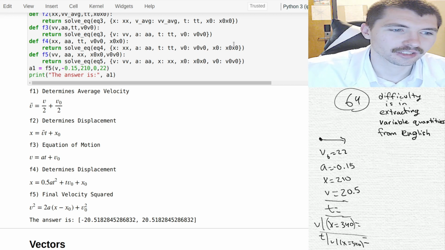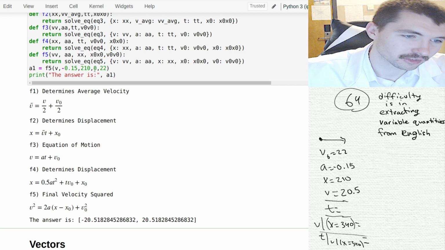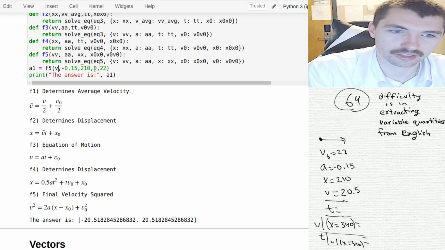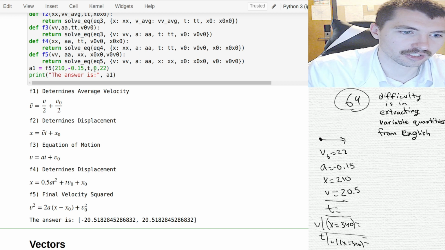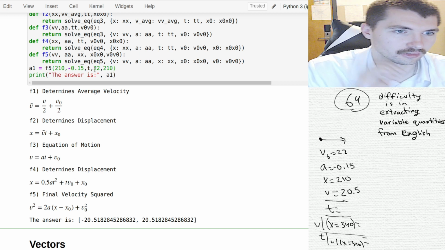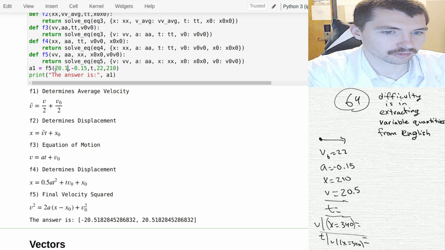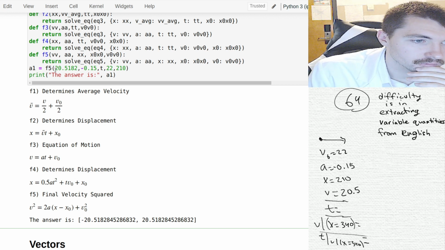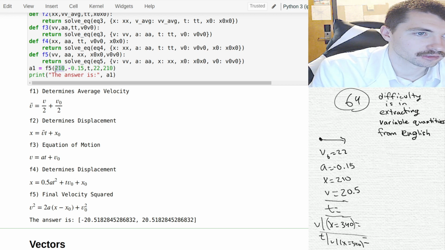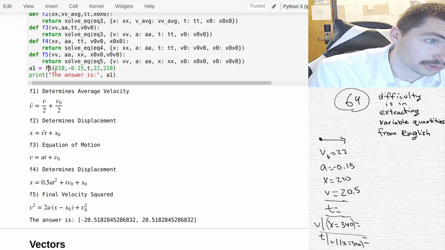So now we need to use that to find T. How long does that take? So we're going to do X, it's 210, negative 0.5, solving for T. V naught is 22, X naught is 210. And V should be 20.5. That's X, my bad. 210, we're using equation 4 now.